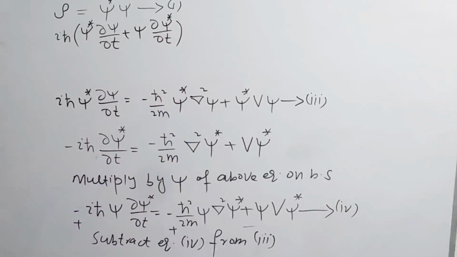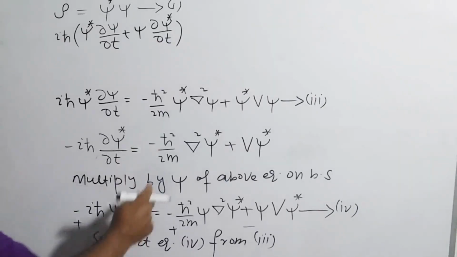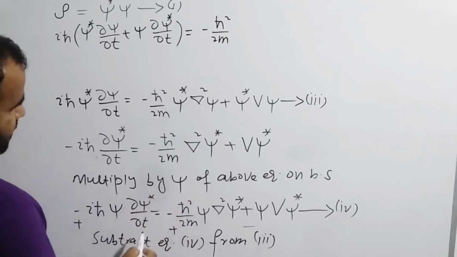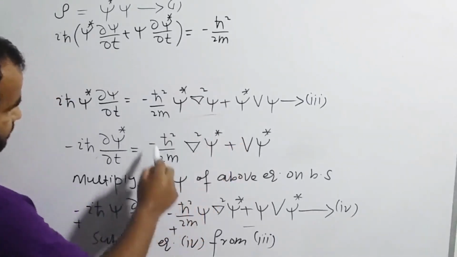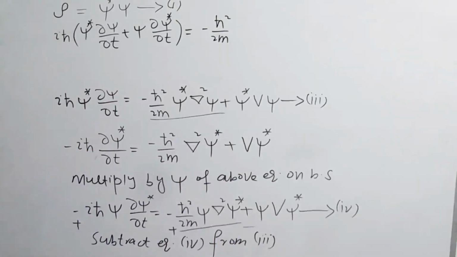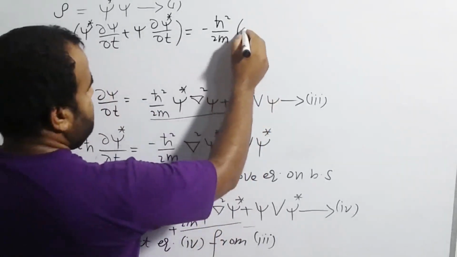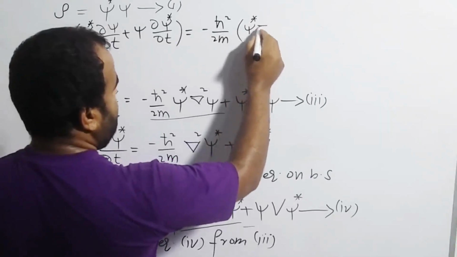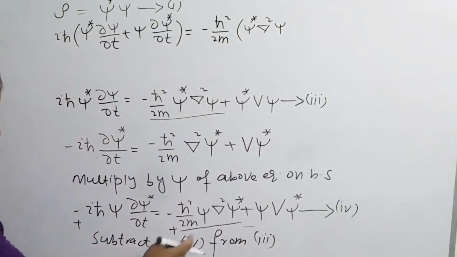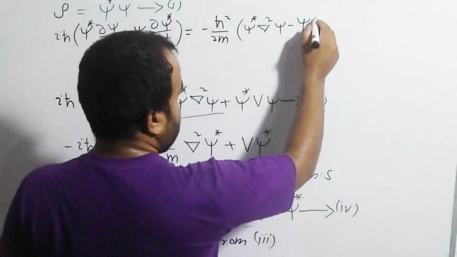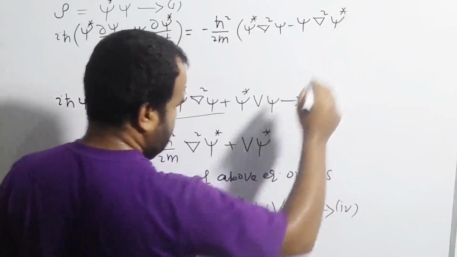And minus h cut square divided by 2m is also common in these two terms, so after taking it common, we get psi star del square psi minus psi del square psi star.